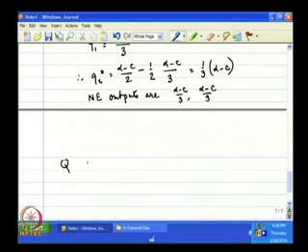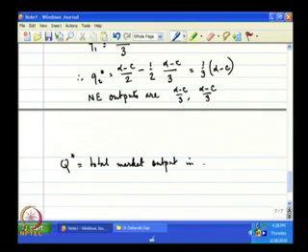What is the total output? Suppose Q star is the total market output in equilibrium.